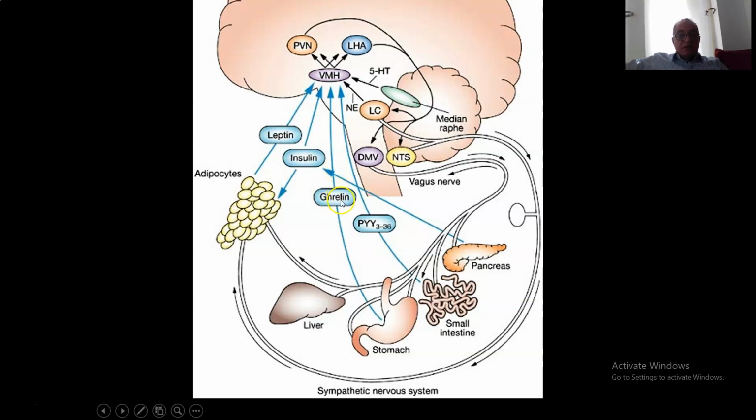Some materials like ghrelin from the stomach, PYY 3-36 from the intestine, from the pancreas, and from the fat adipose tissues, the leptin going to the hypothalamus. It's a very complex process, but you should not remember this, but you should know that there is always a feedback between the viscera, the adipose tissue, and the hypothalamus.